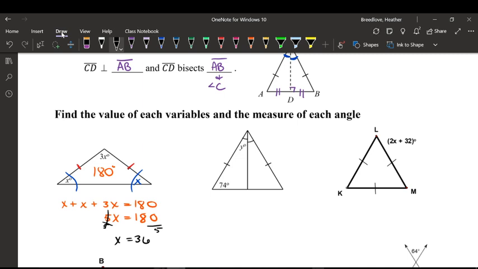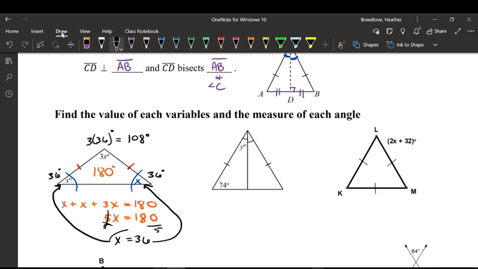All right, so if x is 36, then I know that this one is 36 degrees, and I know that this one is 36 degrees. And the one on the top is going to be 3 times 36 degrees, so that's 108 degrees. So I just found all three angles, even though only two things were marked, because I know that base angles of isosceles triangles are congruent, and I know that all triangles have a sum of 180 degrees.